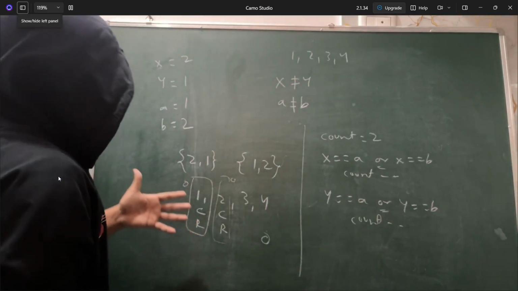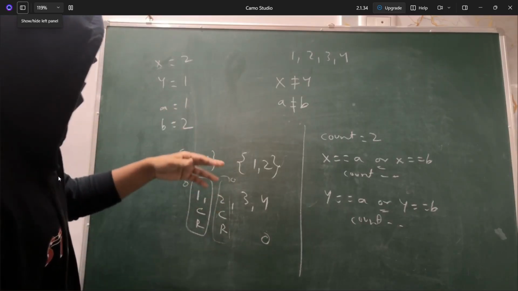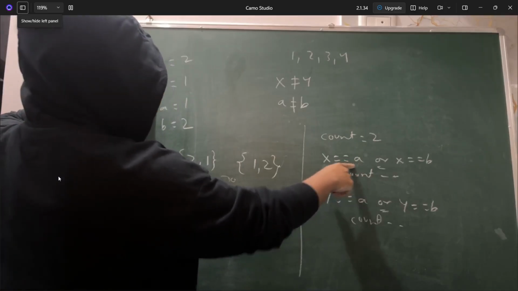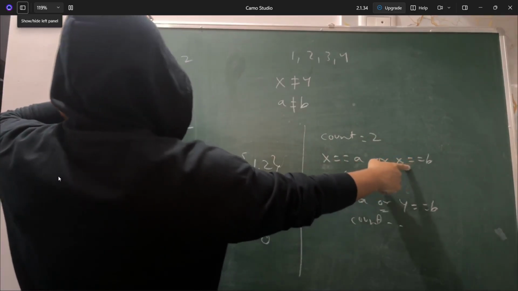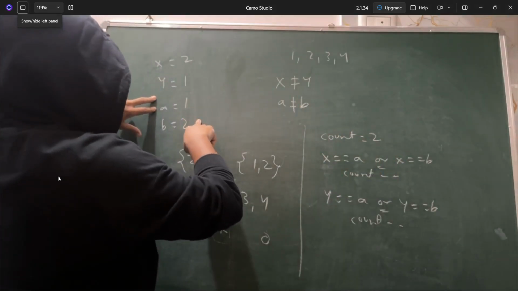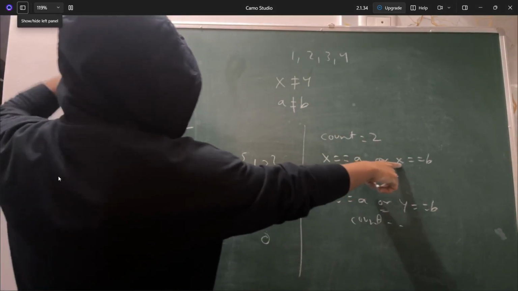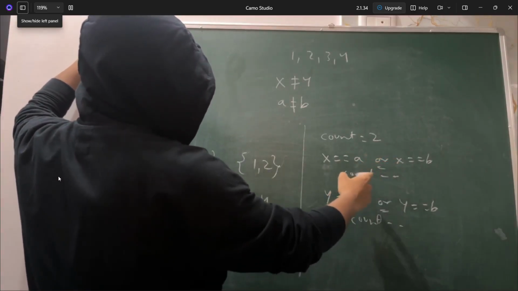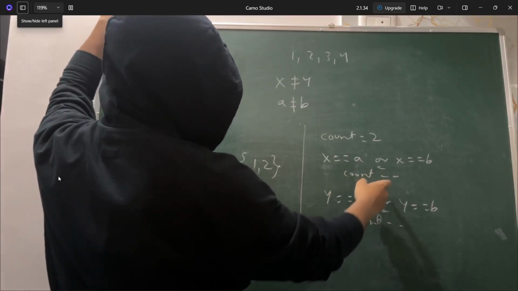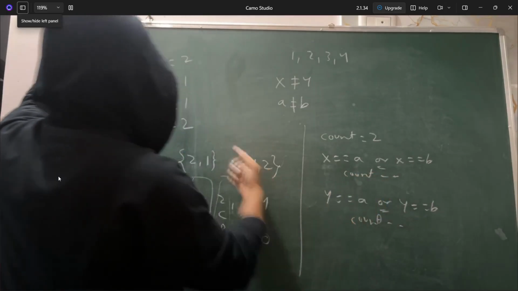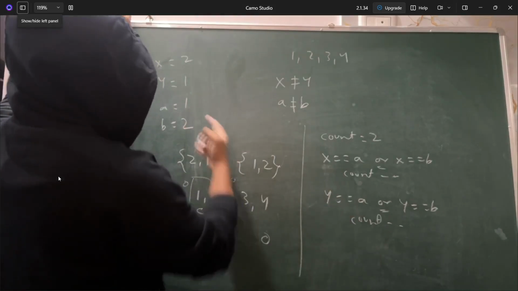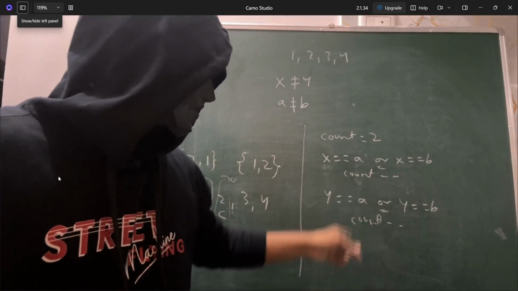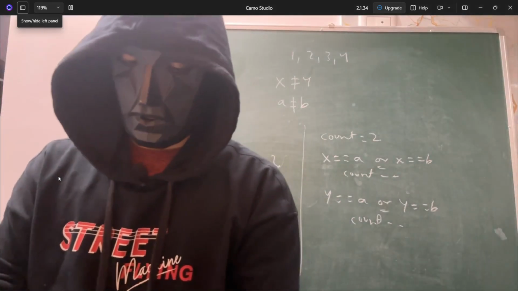If you try to put in this example, so x is basically 2 and a is 1, so this condition will fail, but this condition will pass because x and b are equal, which means in one category both are participating, and which is 2, category 2. So we'll have to decrease the count, and in this case y is 1, a is also 1, so we'll have to decrease the count. So at the end it will be 0, so he'll not be winning any game.